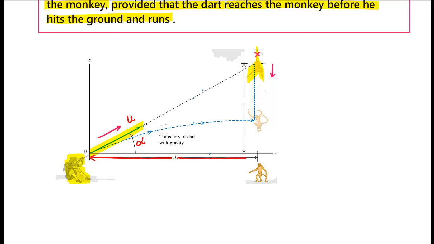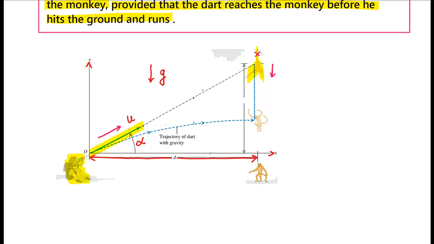So this distance is also given. To solve this problem, we will need a coordinate system. This is my x-axis and this is my y-axis. The y-axis is vertically up, which means gravitation, acting in the downward direction, will be negative.